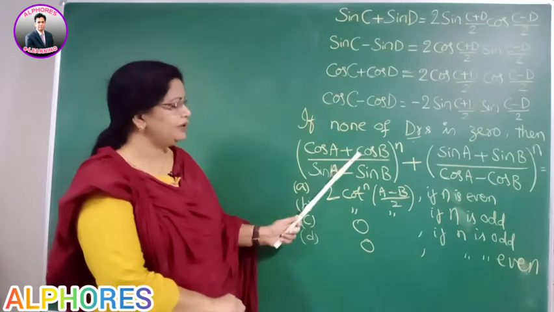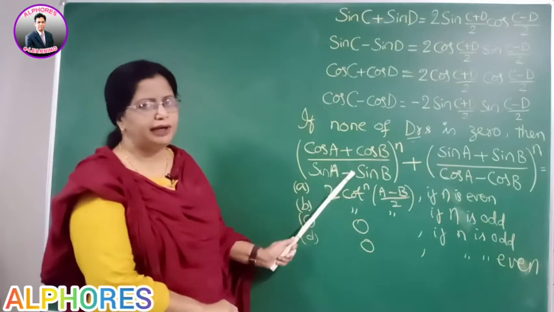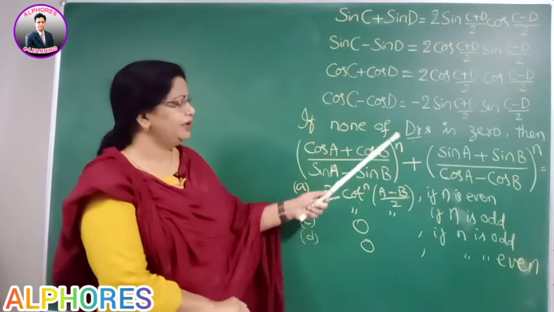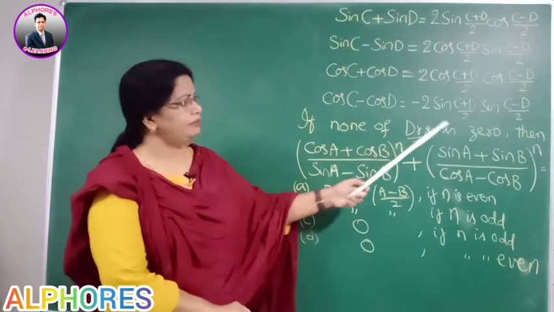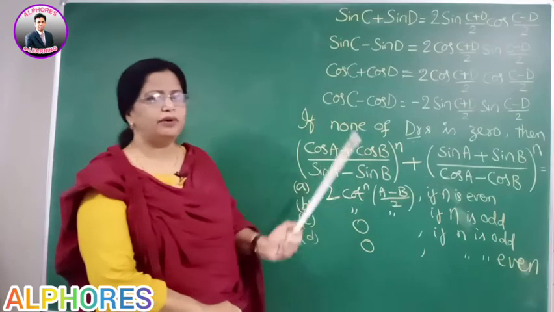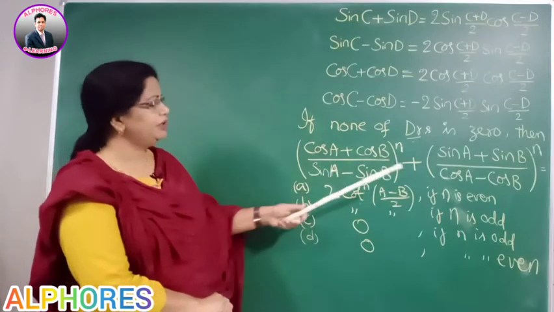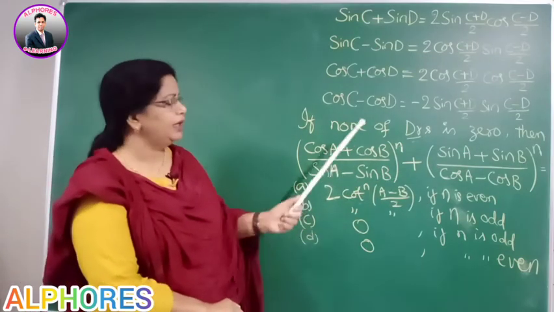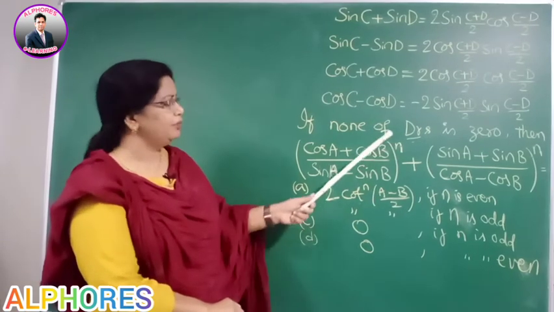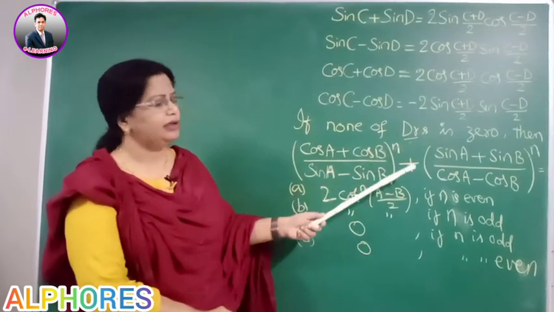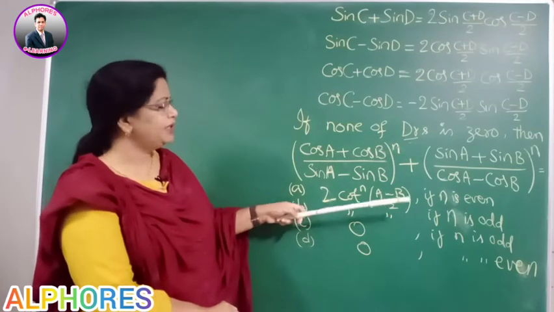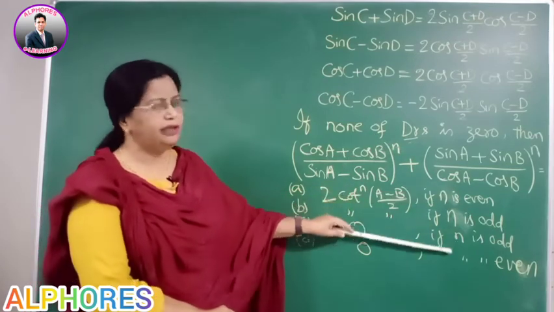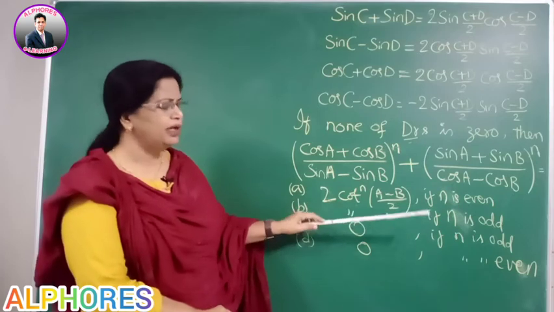That means after you have done the simplification, you have to check for even n what would be the answer, and for n odd. In this way you have to distinguish between n even and n odd, because they did not mention here whether n is even or n is odd.